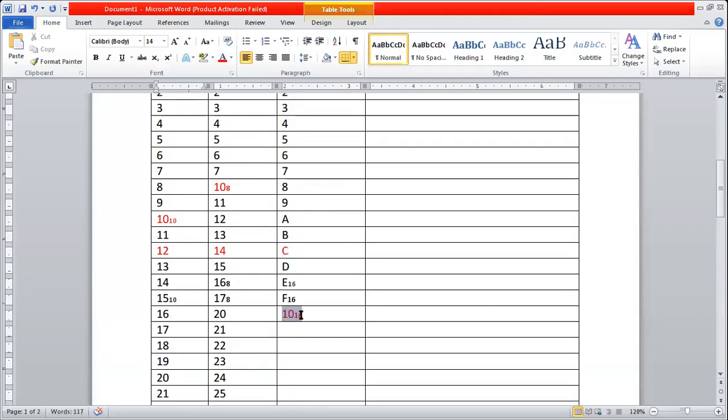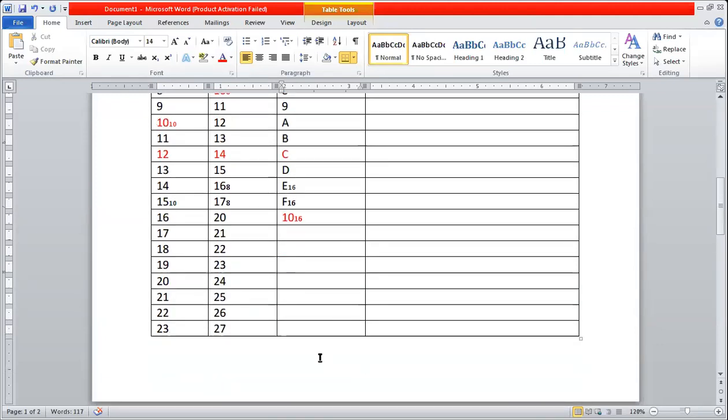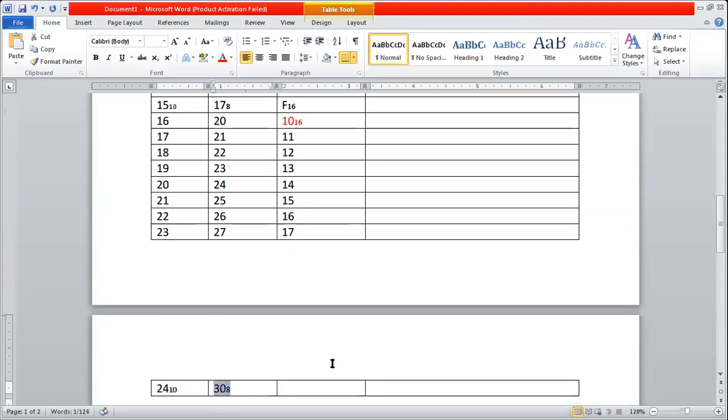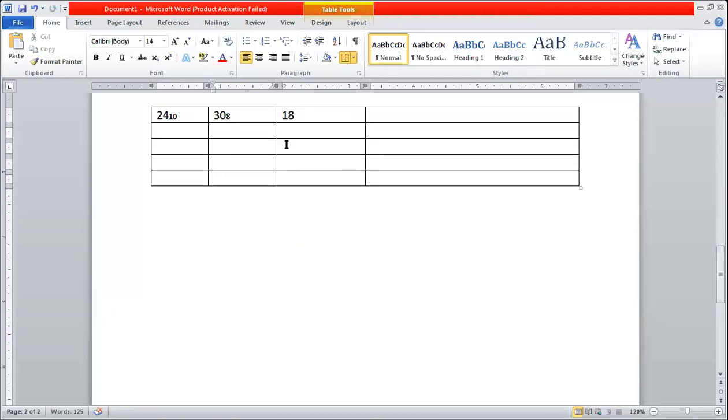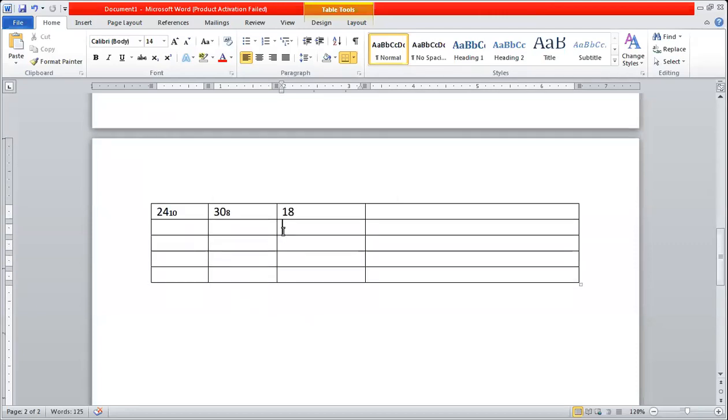So after 10, what will come here in hexadecimal number? 11, 12, 13, 14, 16, 17. Okay. 18. What after 18? In decimal number, hexadecimal number, it is 19.